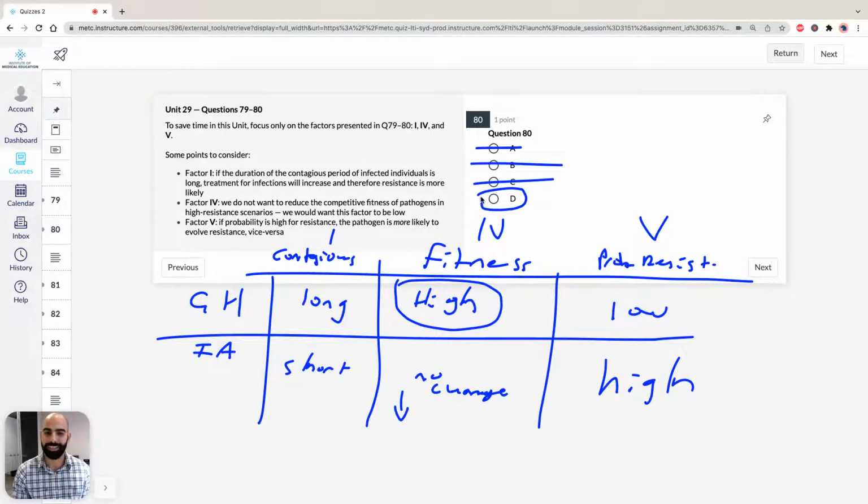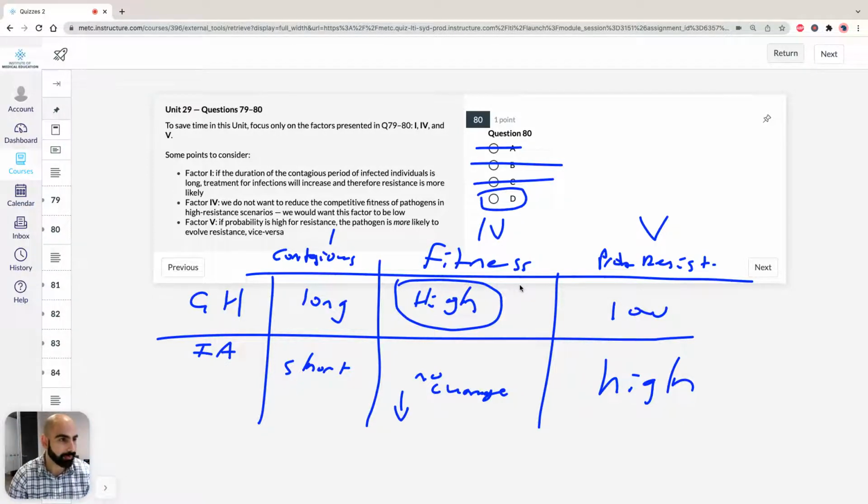I think the key here is just noting that 4 was the problem. Factor 4 would have thrown off so many people, because it's pretty much like a double negative. They're telling you that if you reduce the competitive fitness, which means you're going to reduce your resistance, it's going to be high.